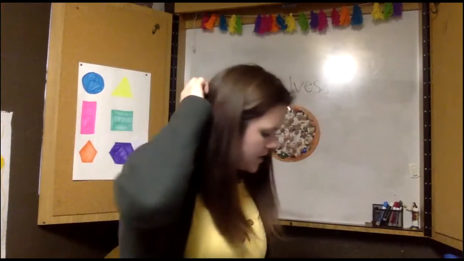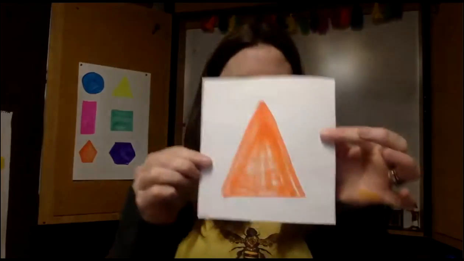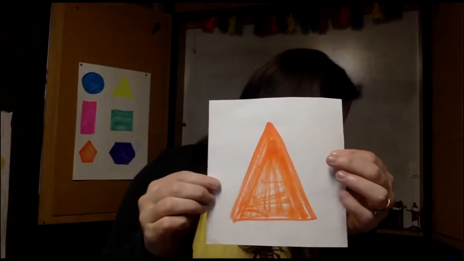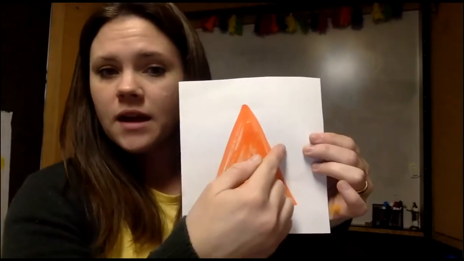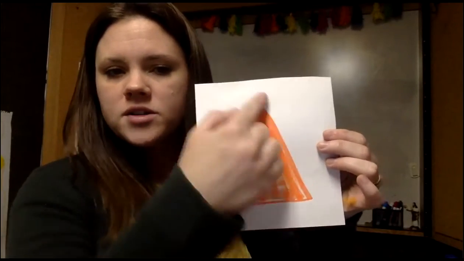All right, and then our last one on this page, we have a triangle. Now in the triangle, the line is coming out of this vertex, right? This vertex, remember, that is the word for corner. Triangles have 3 sides, 3 corners. Let's fold it up.